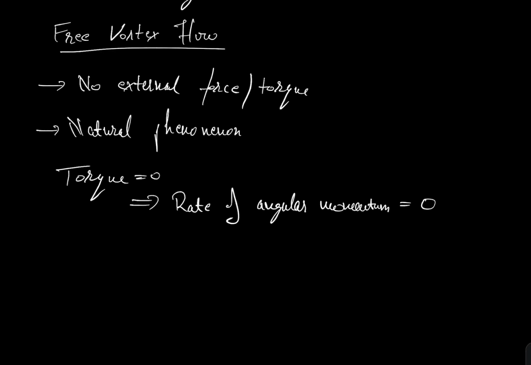It's basically Newton's second law with respect to force. Similarly, we can derive it for torque. Torque is equal to rate of change of angular momentum. So if my torque is 0, it implies rate of change of angular momentum is also 0. If I denote my angular momentum by L, dL by dt is equal to 0, or we can say L is equal to constant. That is, my angular momentum is constant.